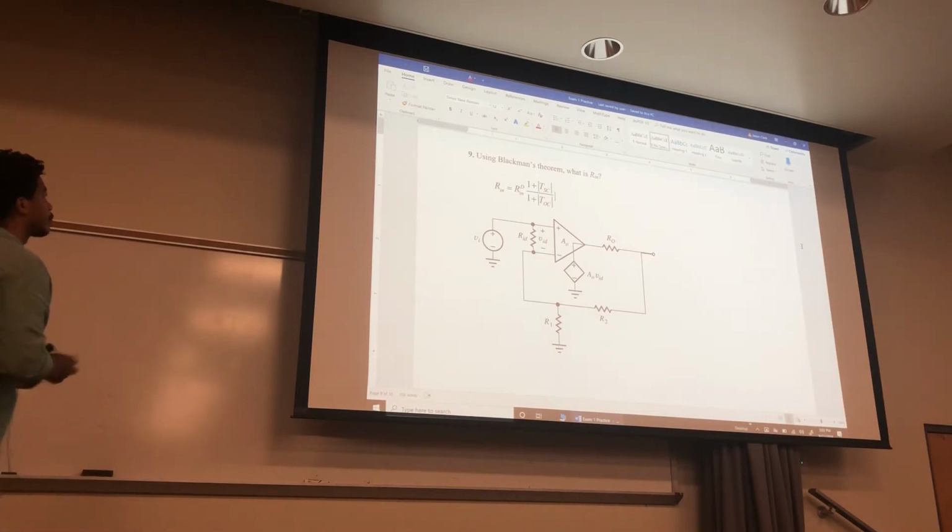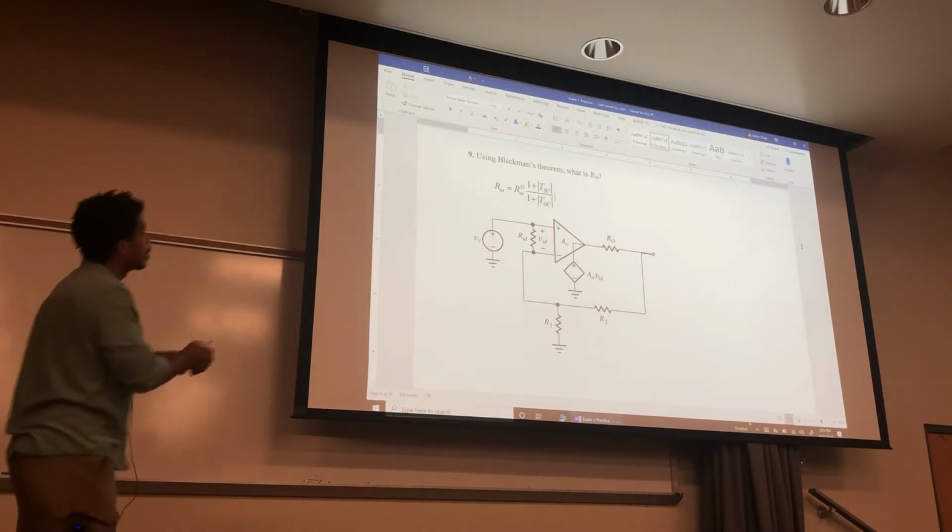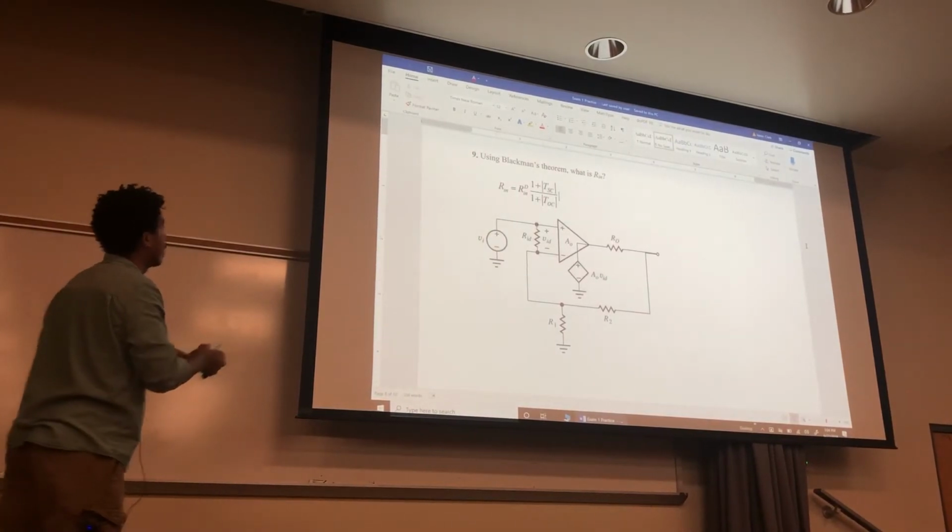What I mean by that is we're going to take this input right here and replace it with this switch. When it's open, we'll look at RND, that first part right there.